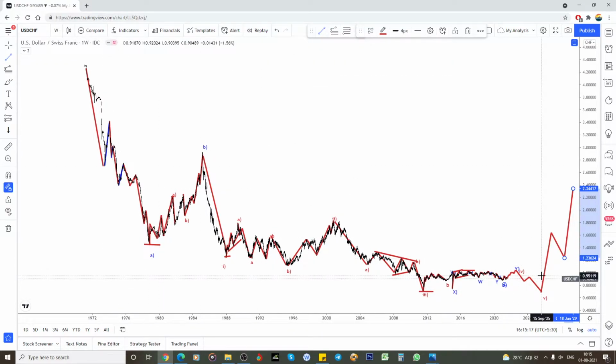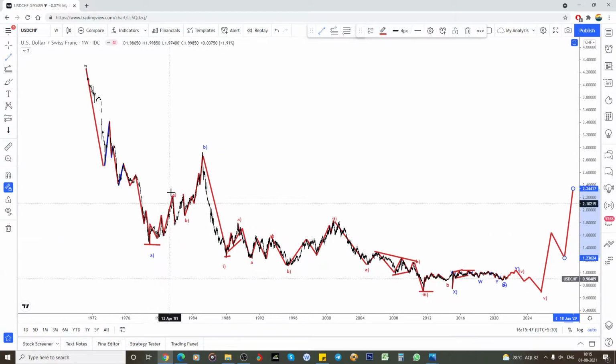So what is meant by A, B, C? It's a flat correction it is doing, right? So one more A, B, C. Otherwise, if it is a zigzag pattern, because here the A, B, C is an A, right? It never went for the 78.6 to 90% retracement. So here it's a zigzag, and here also it's looking like a zigzag.